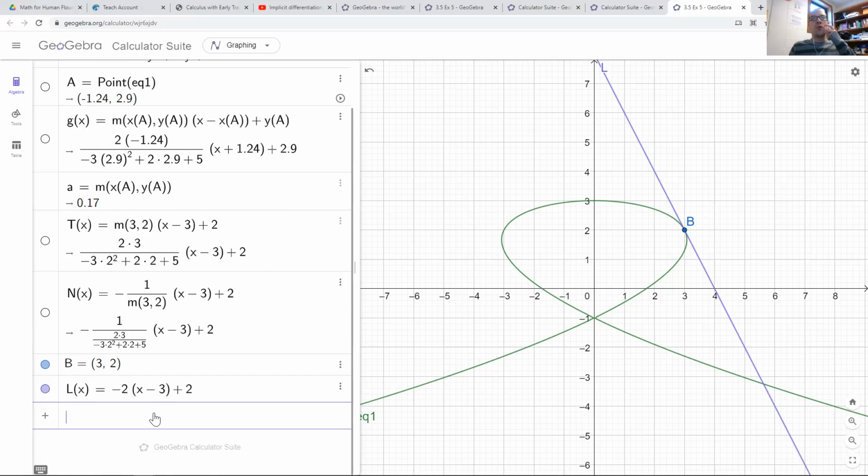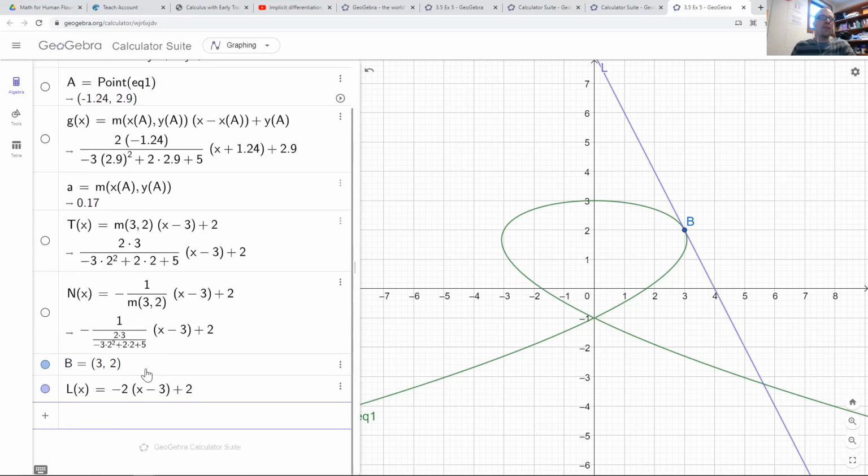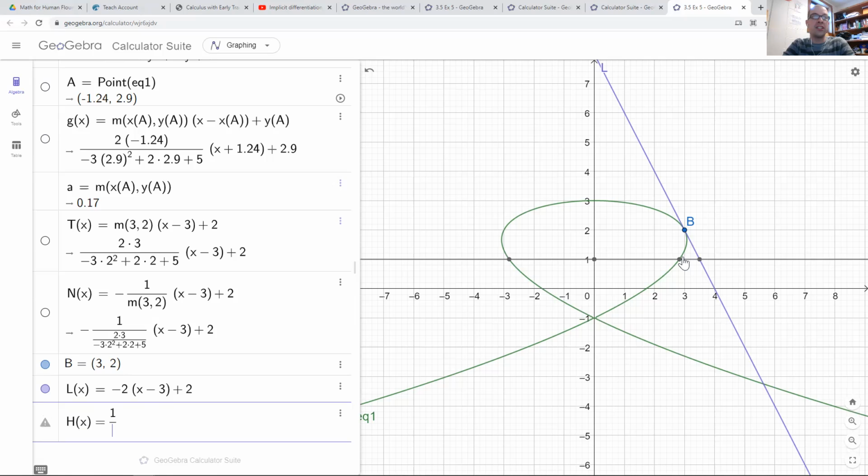If we wanted to do the normal line, well, again, I've done that here using the formula for m up here, but let's go ahead and just try this. I'm going to call this one H for funsies. But instead of a slope of -2, we would want the opposite reciprocal for this slope. So just changing this to 1/2 would be great.